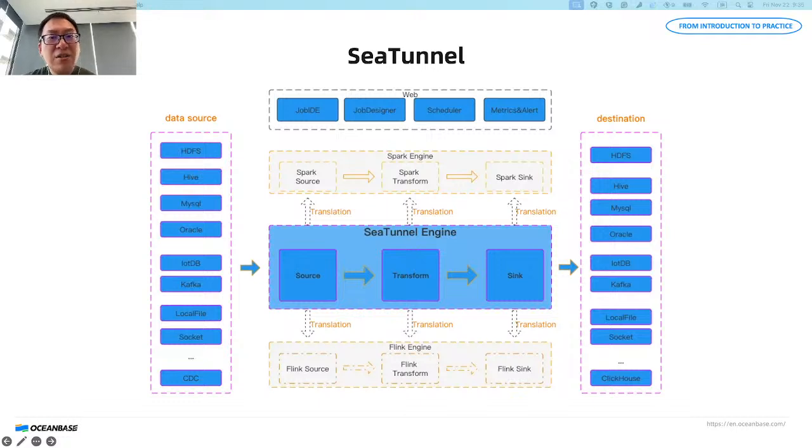From the architecture diagram, we can see that SeaTunnel supports a wide range of data sources and target types. Its data processing workload is similar to DataX, with the added capability of leveraging Spark and Flink for data processing.